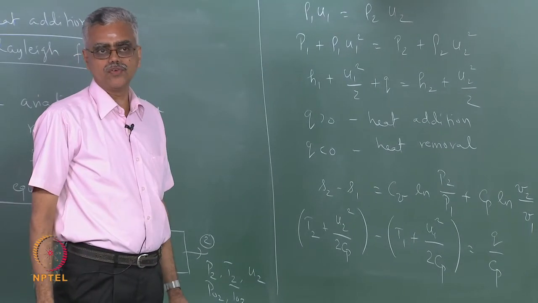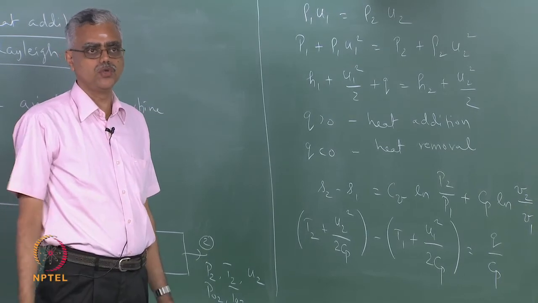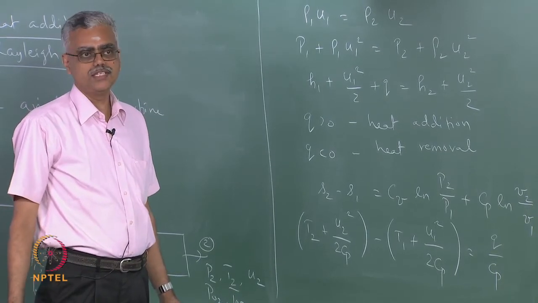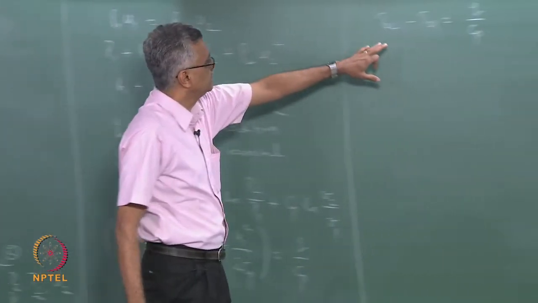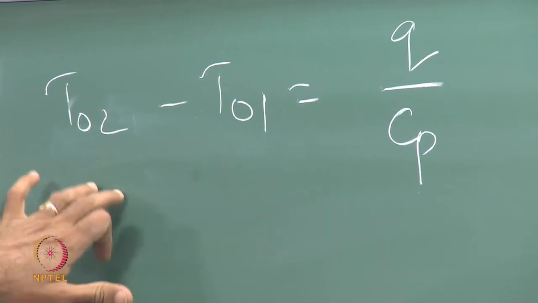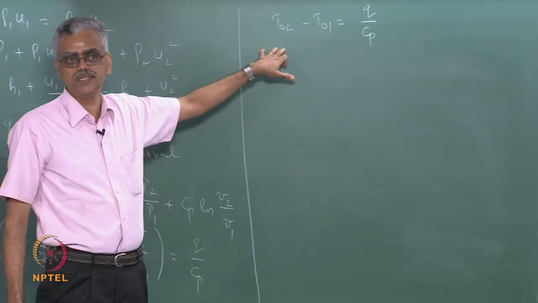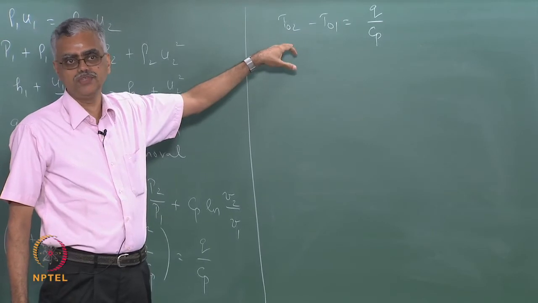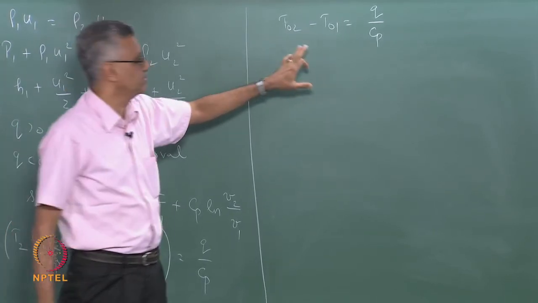This is also different from the earlier solutions that we saw, because in all the earlier solutions, since Q was 0, the stagnation temperature was constant. Now, because Q is not 0, stagnation temperature changes from one point to another. And remember, if stagnation temperature keeps changing, then T star will also keep changing from point to point. That is something that you should keep in mind.